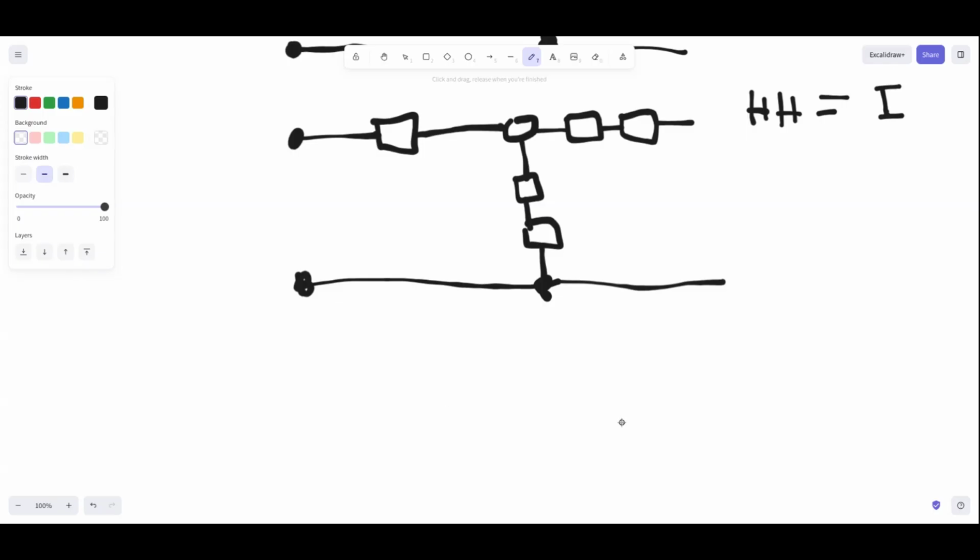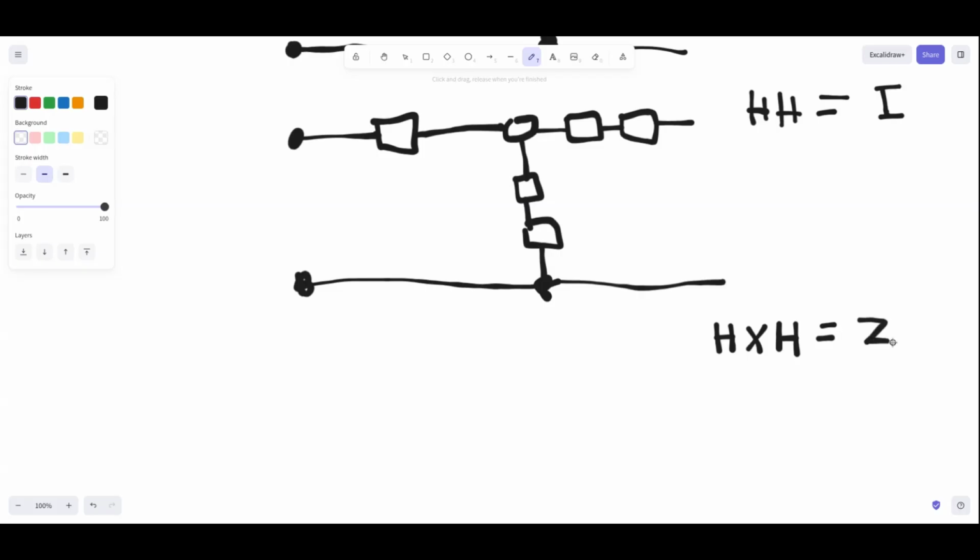we just use the color swap, which is that Hadamard with an X or Z gate is transformed in the other one.